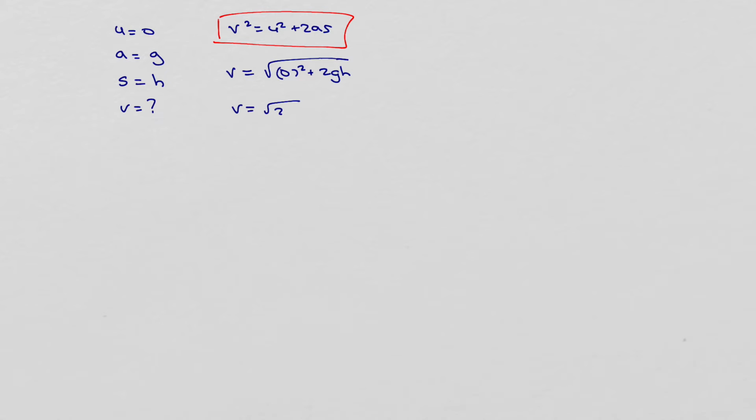Using v squared equals u squared plus 2as, v is the square root of 0 squared plus 2gh, so v is the square root of 2gh.